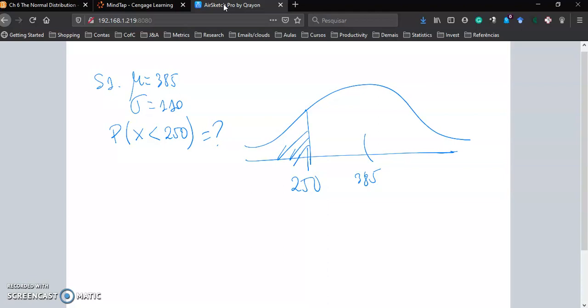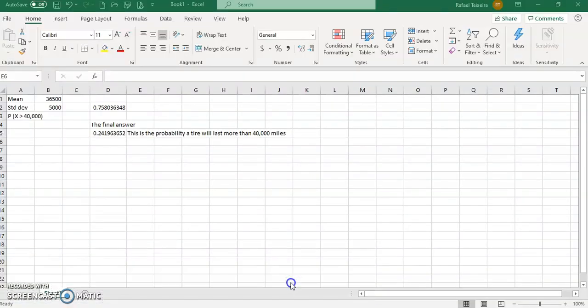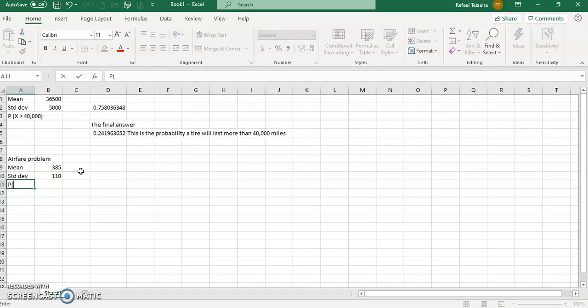I'm going to use Excel to solve this problem like we used before. Here we have the same sheet, the Greer Tire problem, so let's call this the airfare problem. The mean is 385, the standard deviation is 110, and I want to know the probability that a given airfare is smaller than $250.